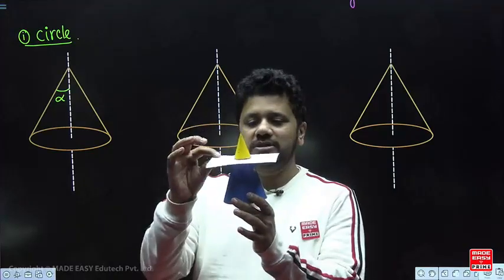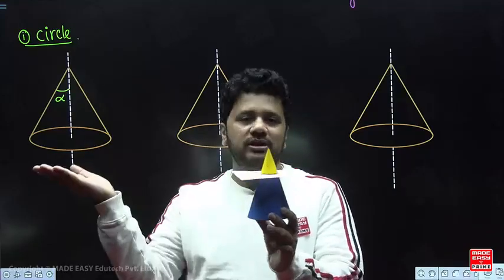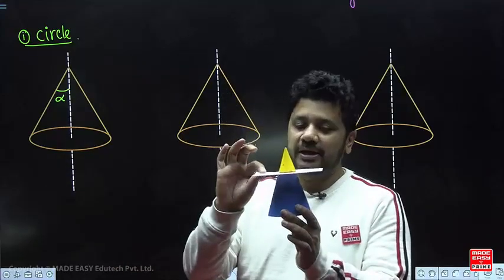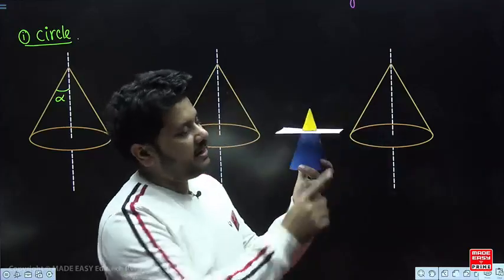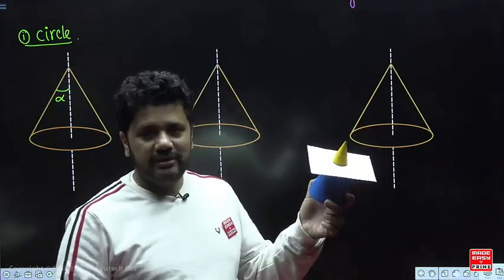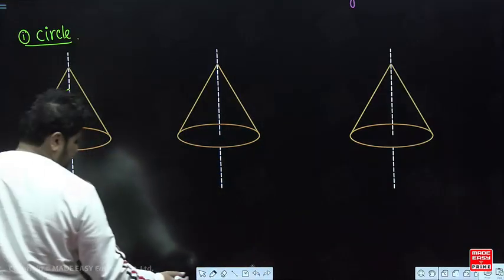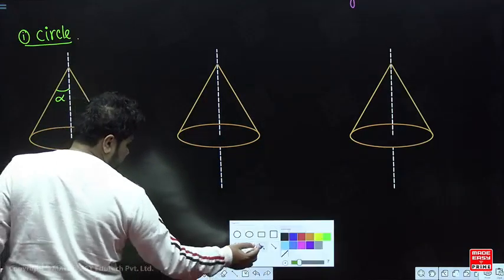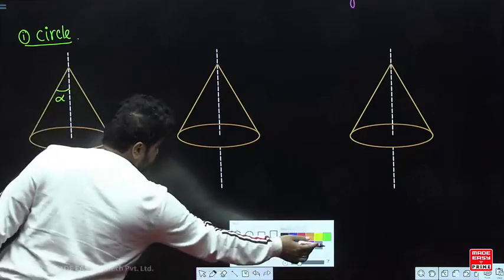This is the section plane, called so because this plane is going to section or cut it. This plane is parallel to the base, so from the front it will look like a line. So this is how you can see it, right? Fine. So let me draw it here. See very carefully.